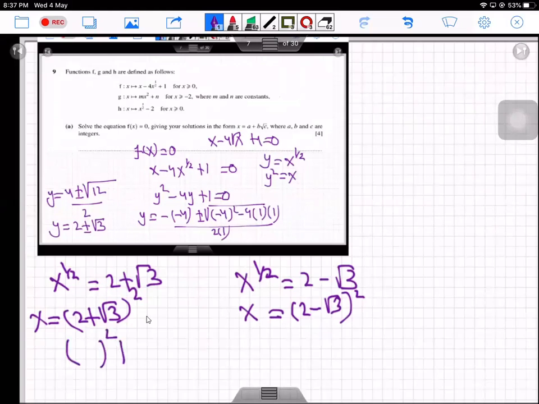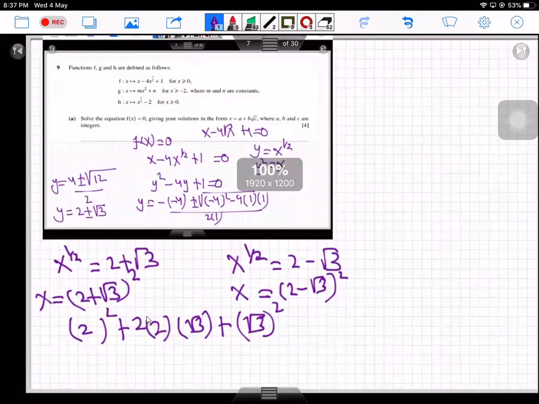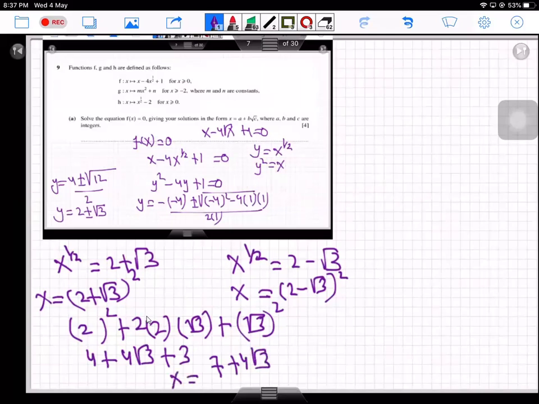So a square plus 2ab plus b square. So this is 2 root 3. So 4 plus 4 root 3 plus 3. So this is 7 plus 4 root 3. X equals 7 plus 4 root 3.